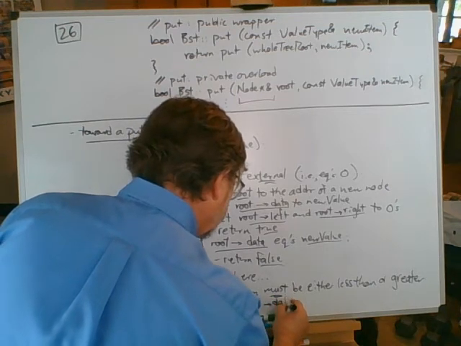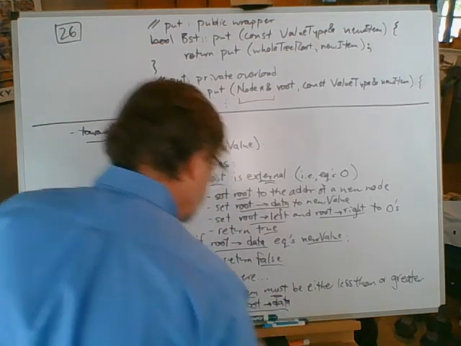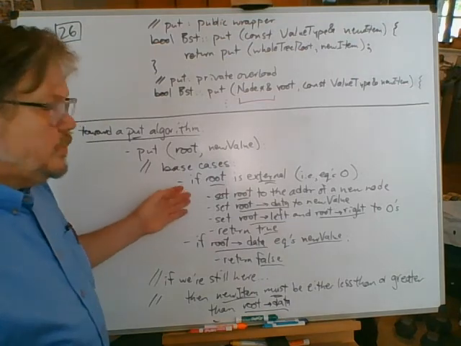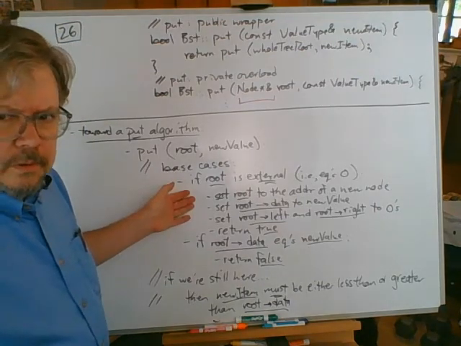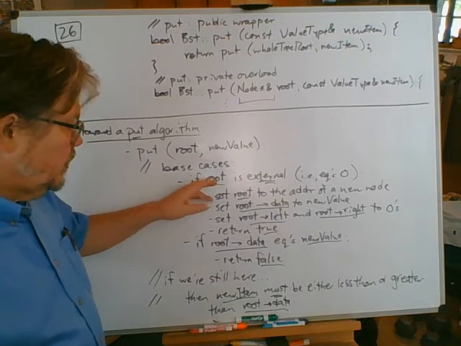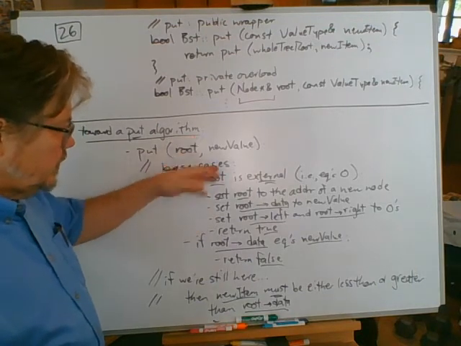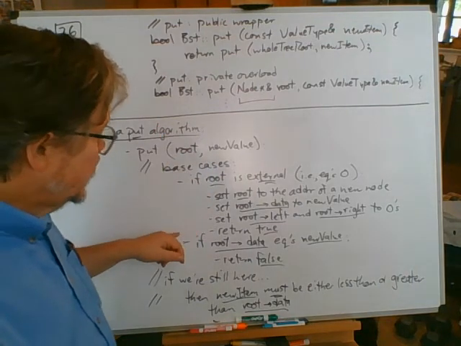Put your logic caps on. Covers all the possibilities. Either there's nothing there at all. There is no root node. In which case we're gone. We put a new node in. Now there's a new root node, but we're done. So return true.